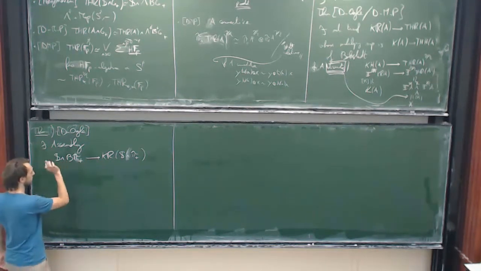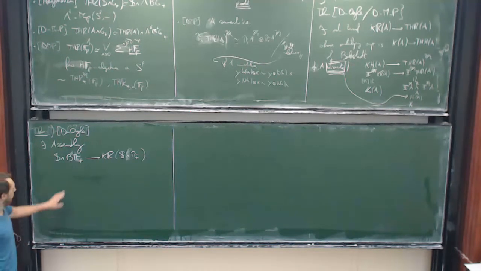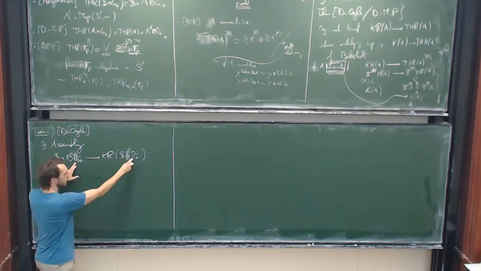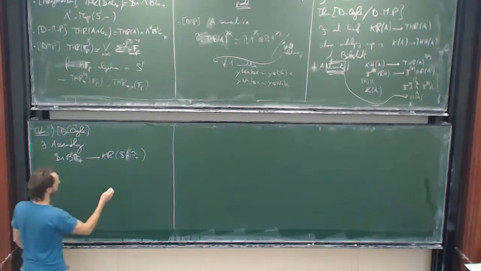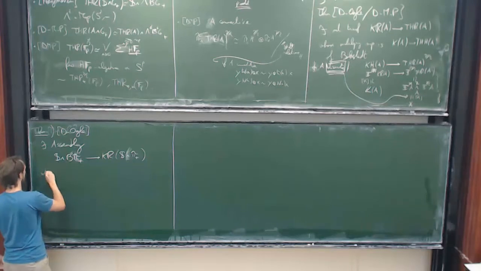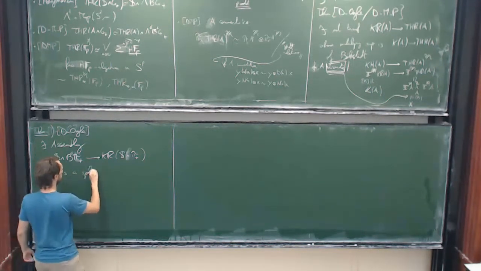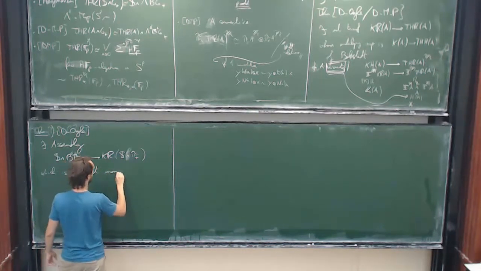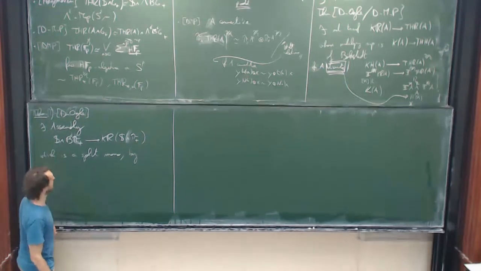Oh, sorry, important: Bσ, where again the anti-involution on π is given by inversion, and which is split. A split mono. And it's split by a map defined from the trace.